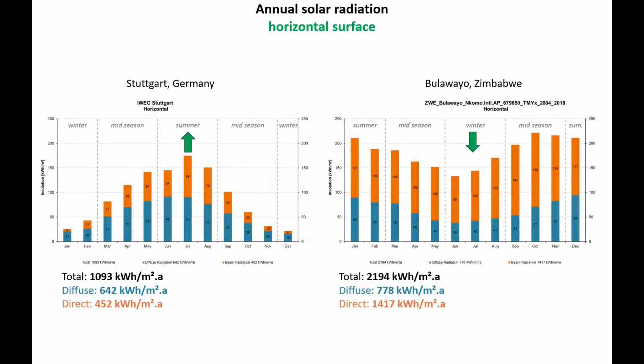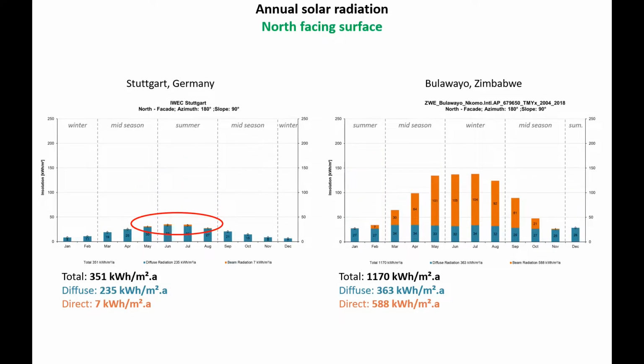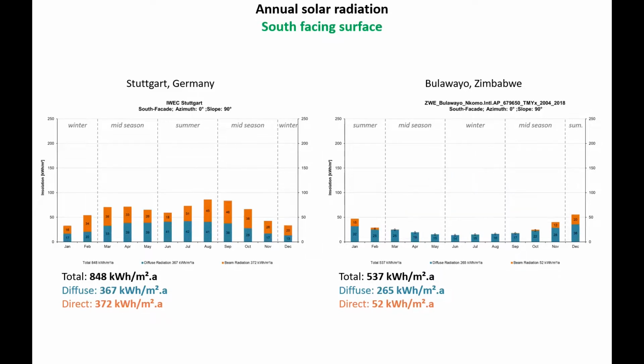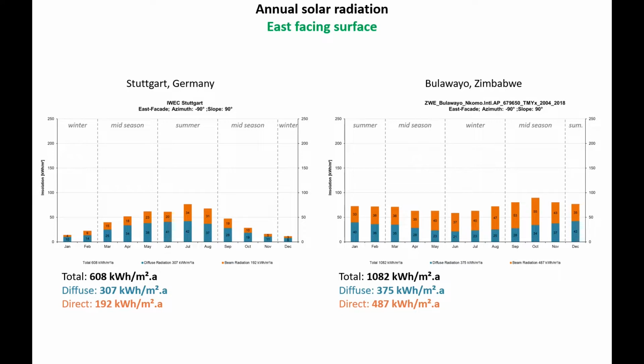Now comparing the annual solar radiation for our two cities, Stuttgart and Bulawayo, you can see that the solar intensity on the different orientations is usually significantly higher in Africa, due to the position on the globe.